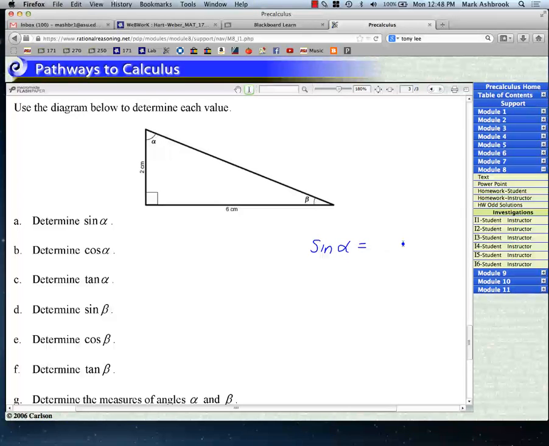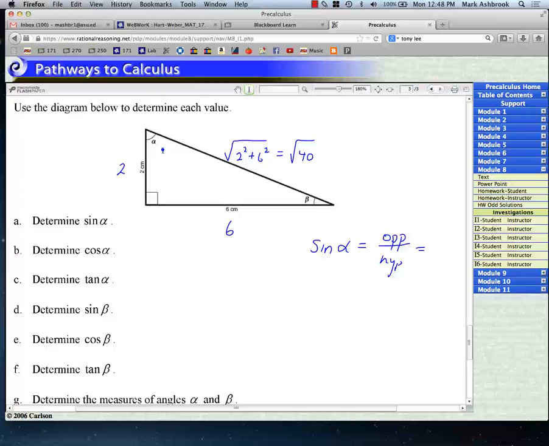Sine of alpha should equal, so this is 2 centimeters here, and this is 6 centimeters here. We could easily find this. It would be the square root of 2 squared plus 6 squared, which is square root of 40, because we have a right triangle. So what is the sine of alpha? It's opposite over hypotenuse.